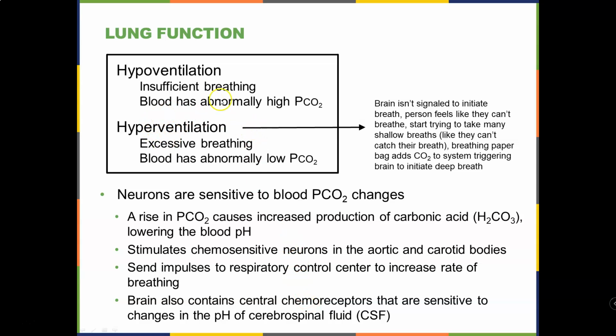Now what will happen is if we lose track of that signal, so the brain isn't signaled to initiate a breath, the person feels like they can't breathe and they start hyperventilating. We've gotten into a sort of short circuit where we've lost our ability to regulate based on CO2 measuring right here. All right, so just to summarize detection and regulation of breathing, that is primarily done by measuring blood pH levels.